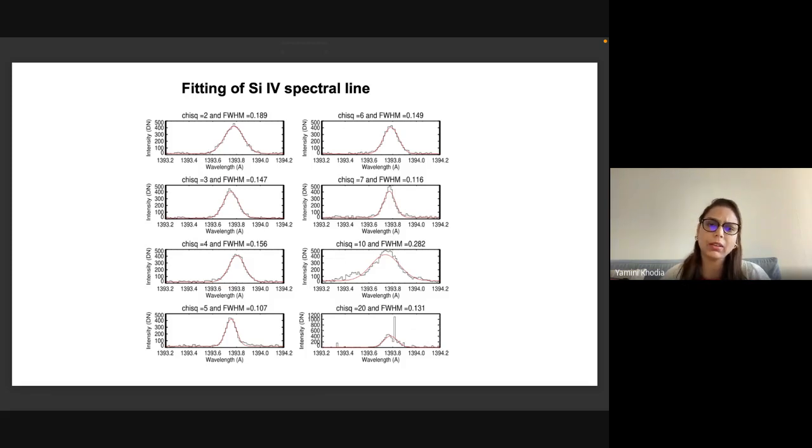For the sake of our calculations, we use the condition chi-square less than 5, just assuming that silicon IV is an optically thin line and can be properly fitted with a single Gaussian, because as you see, for chi-square greater than 6, so chi-square 7 and 10, higher values tend to show that it doesn't fit properly using single Gaussians.